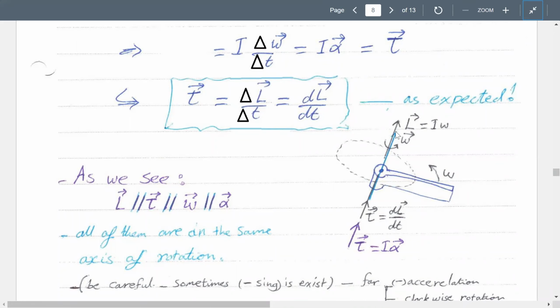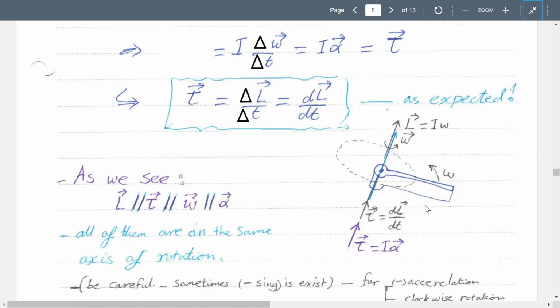So this is the omega direction. Because the angular momentum is equal to I multiplied by omega, and omega is a vector, the angular momentum has the same direction as omega because I doesn't have any direction. So angular momentum is parallel to omega.